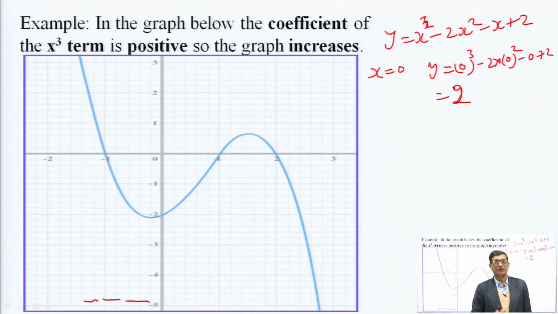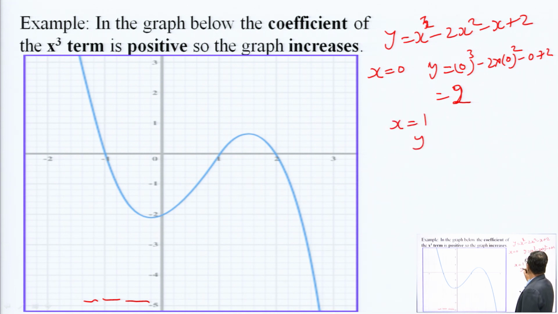So, the intercept of y is plus 2 in this graph. If we put x equal to 1, then y will be equal to 1 cube minus 2 into 1 square minus 1 plus 2.